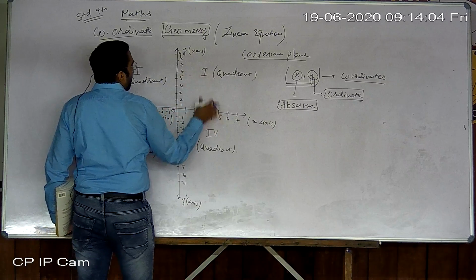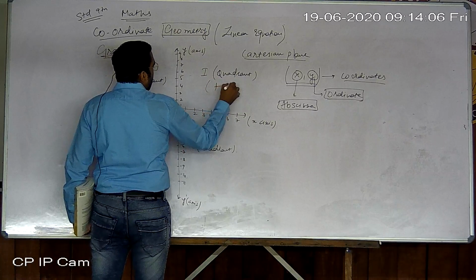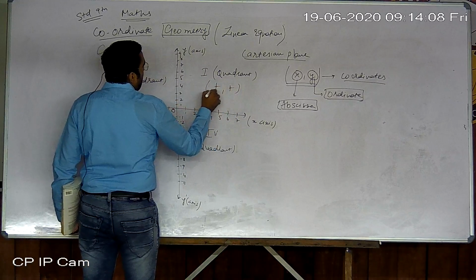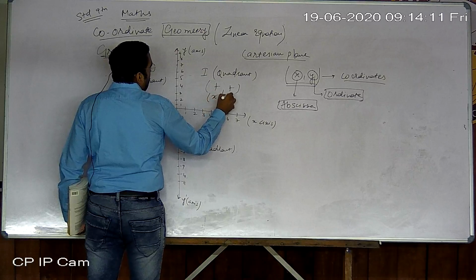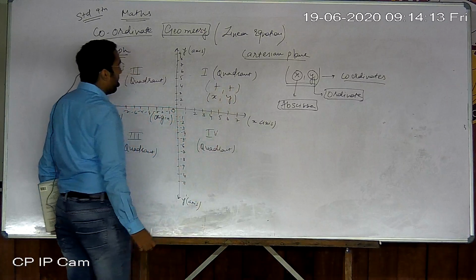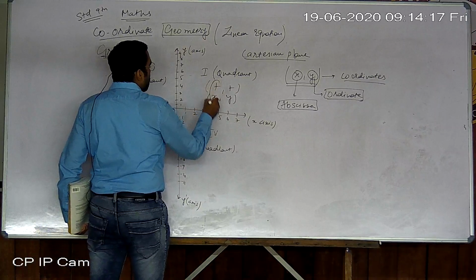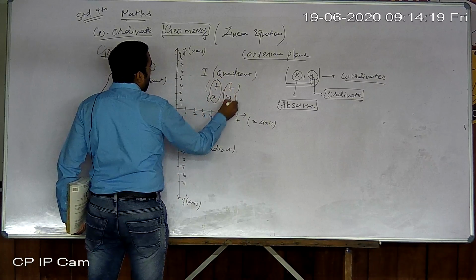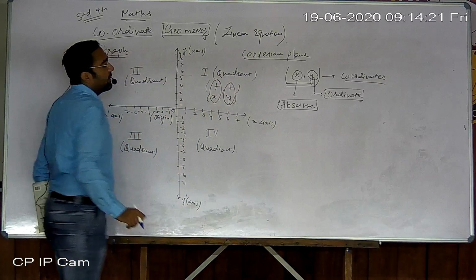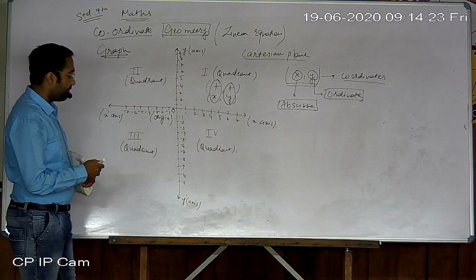So I'll write positive, positive: the first positive for x and the second positive for y. Okay. So we take positive values of x and positive values of y in this first quadrant.